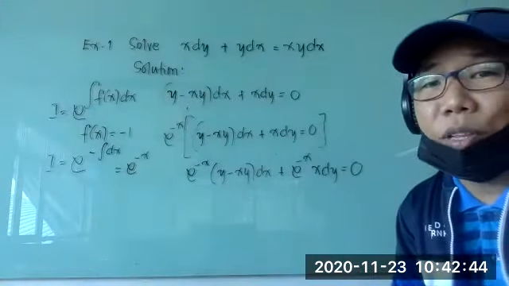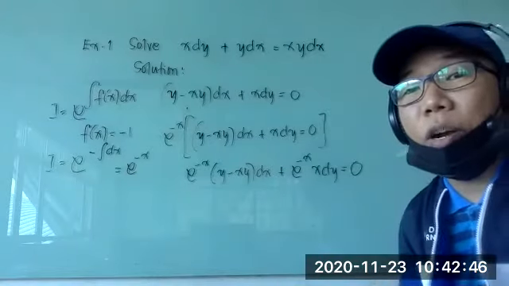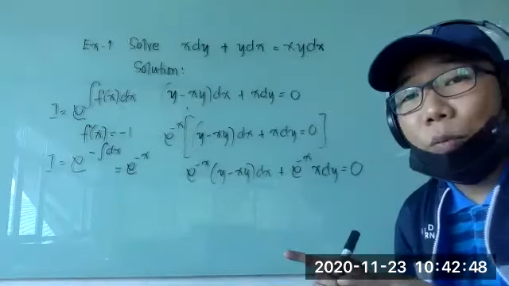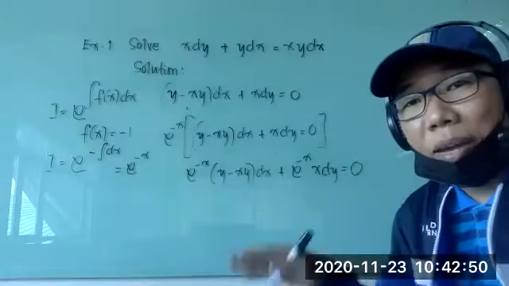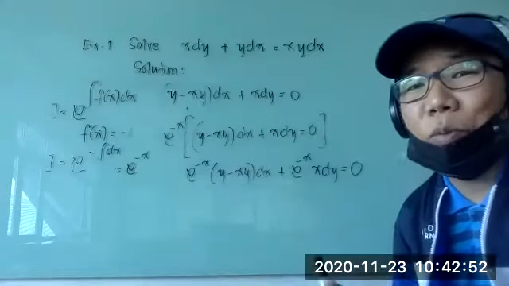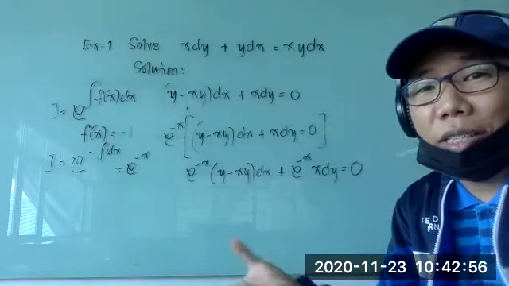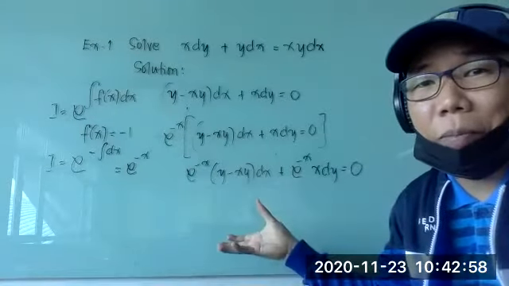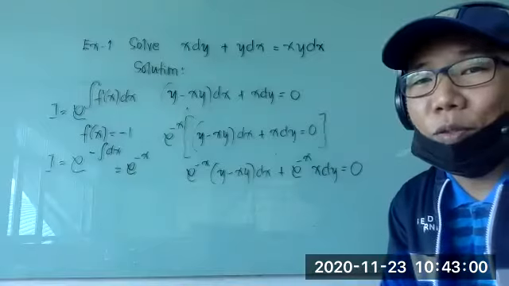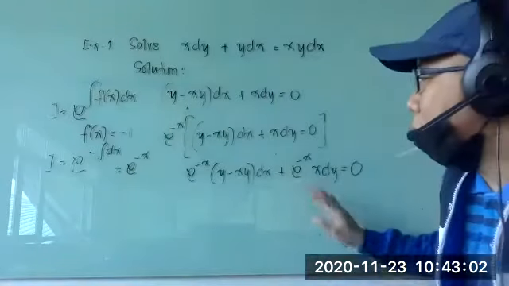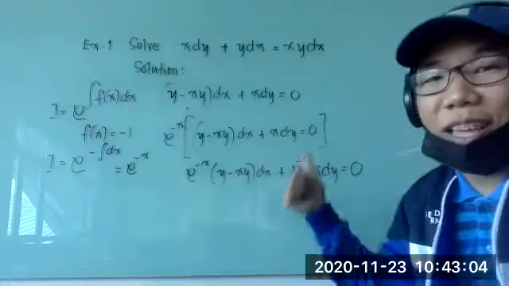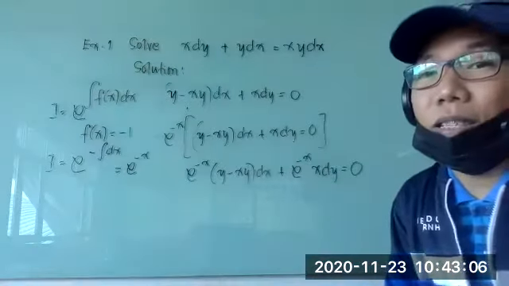Partial derivative ni M with respect to y is equal to partial derivative of N with respect to x. So kapag hindi ka sure sa mismong integrating factor mo, pwede mo namang i-test, di ba? Para lang ma-verify mo. Okay. Well, anyway, sure ako na ito ay exact DE na.